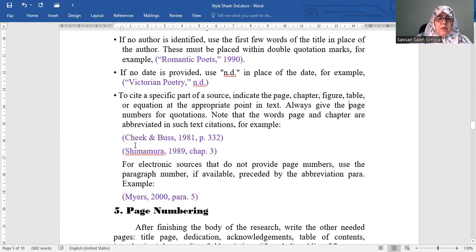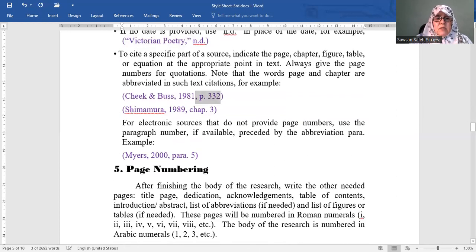For example, Cheek and Bus, 1981, and this is the page number. If I don't have a page number because it is an ebook, but you have the chapter, you say, for example, this is a short form for chapter. If you don't have chapters, you can use paragraph.